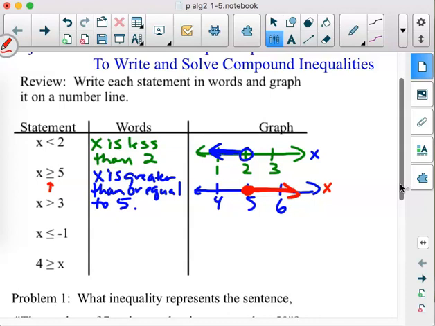What does this one say? Now I'm going to call on people. Let's see. I got to be able to see the names here first. Mason, what does this one say? That's exactly what it says. X is greater than 3.